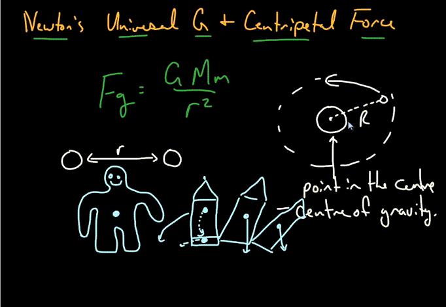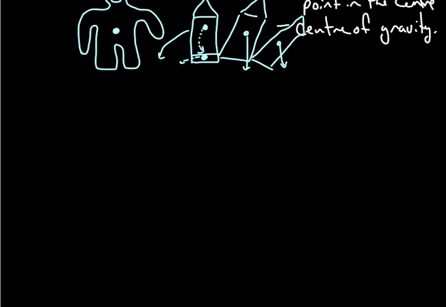Okay, so in the case of an orbital system where one body is orbiting a larger body, Fg is providing the centripetal force to keep this object going around. What we're going to do here is make up an imaginary orbital system.